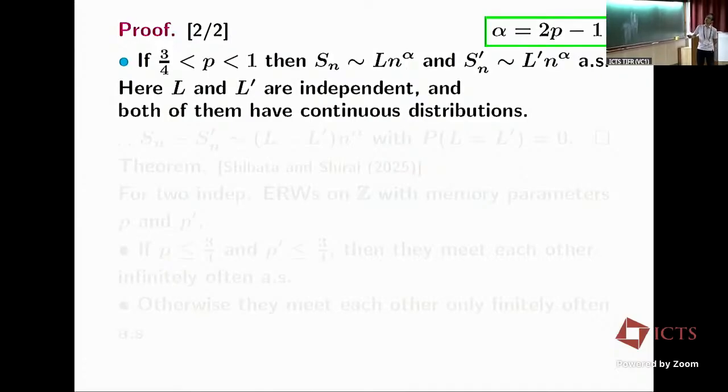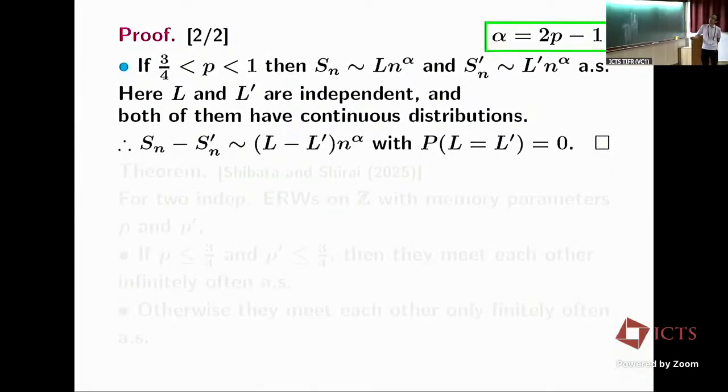L and L prime are random variables, and those are independent, and both of them have continuous distributions. This was proved by previous studies by other groups. So the difference is like this, and this coefficient cannot be zero with probability 1. So two independent random walks cannot meet infinitely many times.